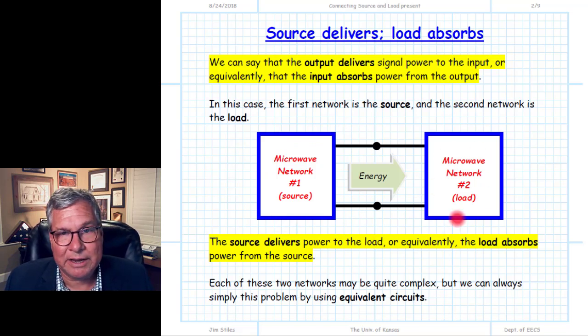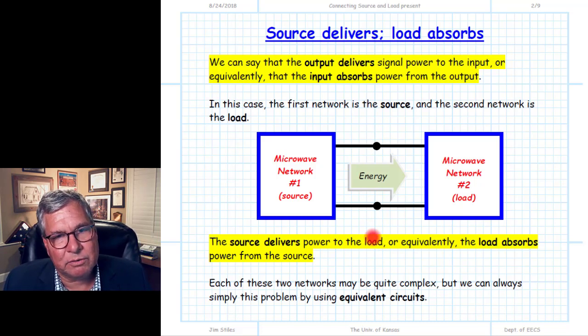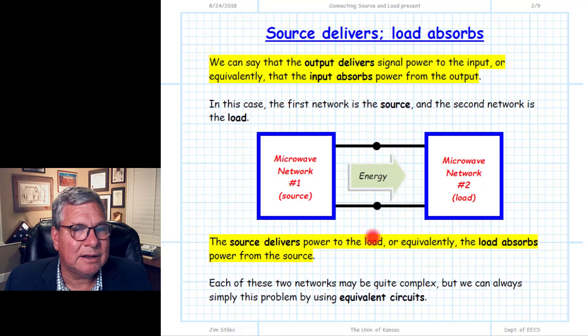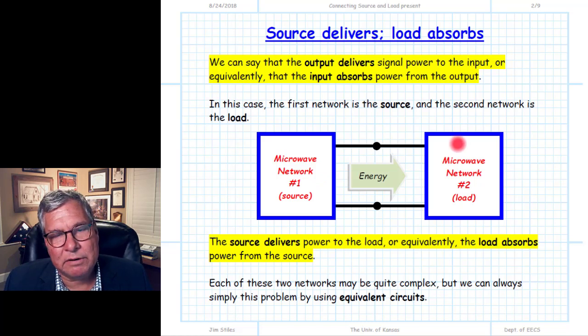What is this load? Again, it could be a very complex circuit. The only constraint that we're going to have at this point is that the energy is of the form of a sinusoidal function, that we have generated the energy such that all the voltages and currents are sinusoidal with respect to some frequency omega. So can we come up with a model, an equivalent circuit for these two ports?